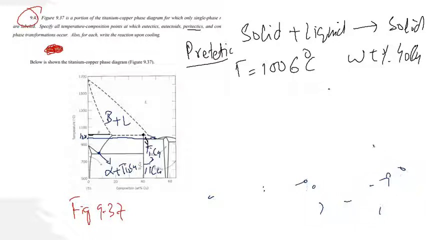Now for the last part of this question, we have to write the congruent phase transformation. It means that a liquid converts directly to one solid, and basically this is the melting point of this solid.